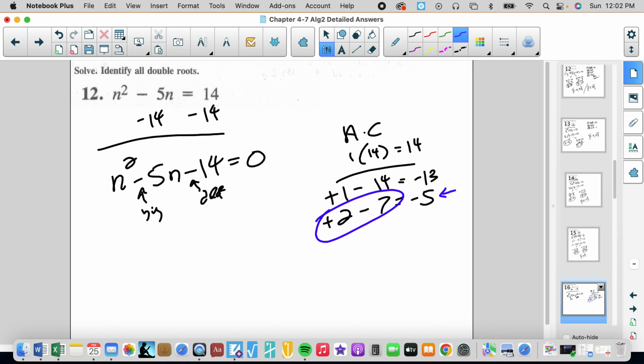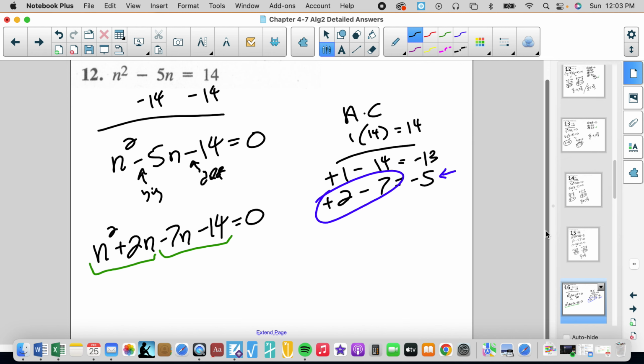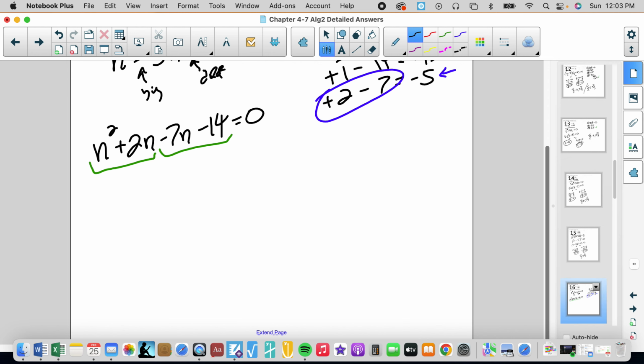I'm going to use these two to change my trinomial to a polynomial. Plus 2n minus 7n minus 14 equals 0. We're going to factor by grouping, group 2 and group 2. Whenever you have 4 terms, you should always be trying to factor by grouping. We can factor out an n.